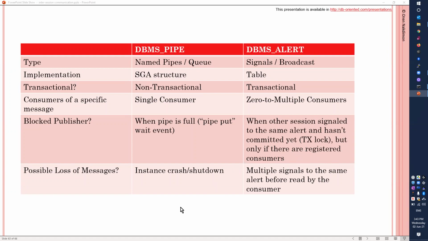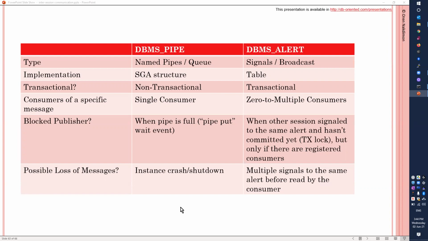And finally, can messages be lost? Yes, because with pipes, if the instance crashes or just shuts down, the SGA is wiped off, and messages that are pending there will get lost. With DBMS_ALERT, this is why I said it's not a messaging mechanism.